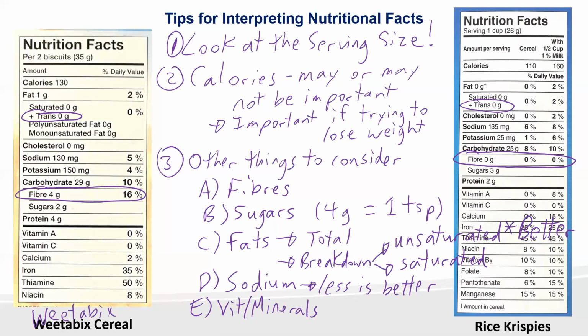Like you might see on the front of the package, a great source of iron, or this one serving will give you 50% of your daily vitamin C needs, or something like that. Manufacturers know that nutrition claims help sell products, right? So they're going to use this information for better or worse. And so just something to be aware of.